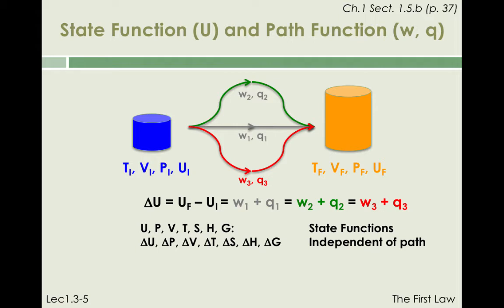Any change delta x in a state function x between an initial state I and a final state f is simply the difference x sub f minus x sub I, where x sub f is the value of the function x in the final state f and x sub I is the value of the function x in the initial state I. Work W and heat Q, however, are functions that cannot be defined for a particular state of the system.